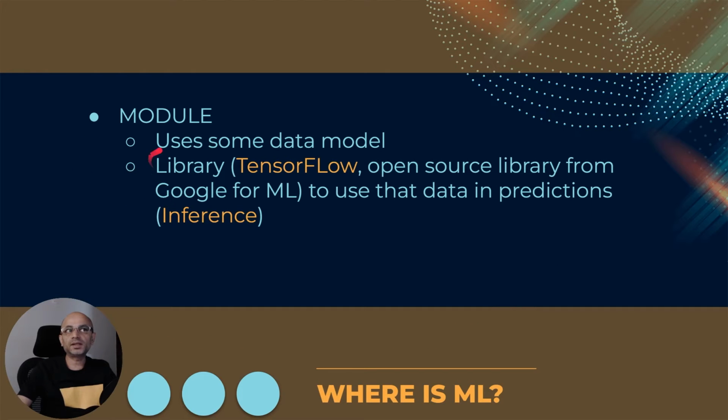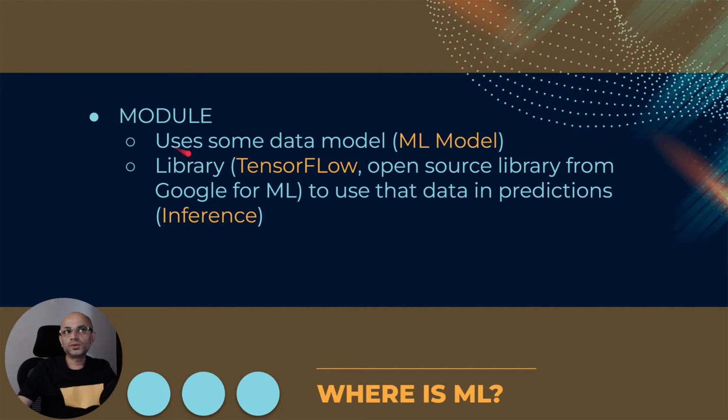And the library that we use to predict that is part of TensorFlow. And TensorFlow is the open source library from Google for machine learning. And also we will, in later slides, see that this library is not just the TensorFlow framework, but something else also.